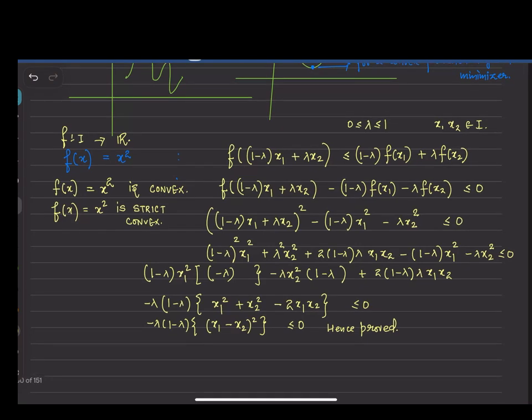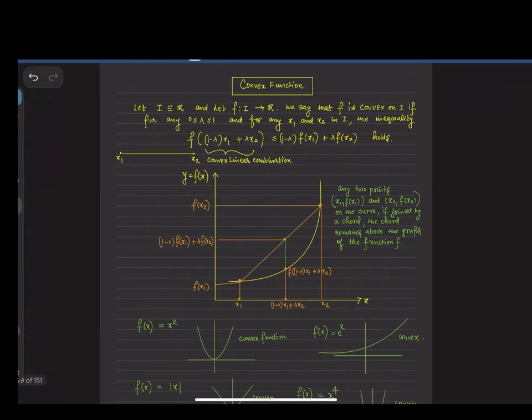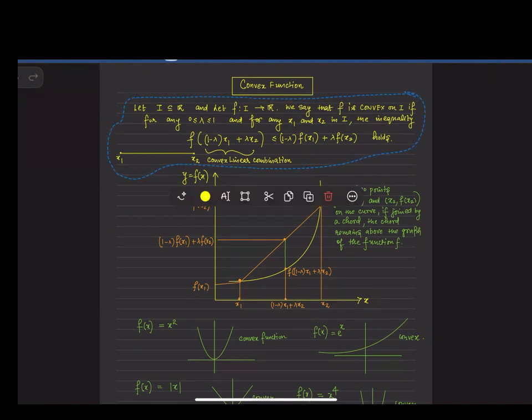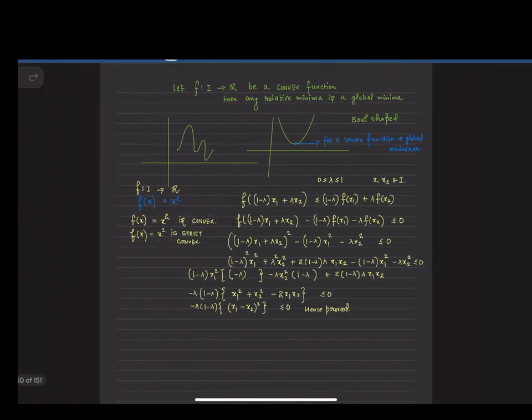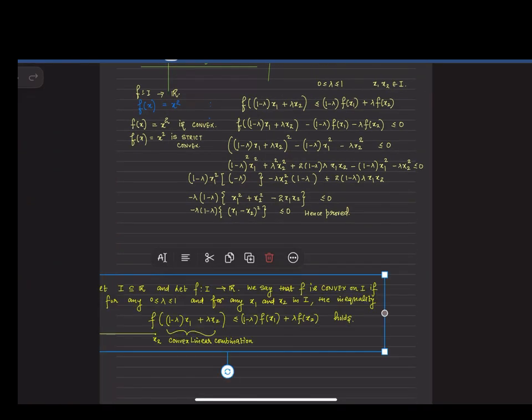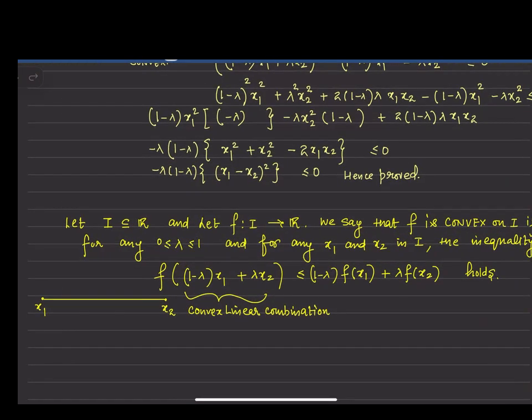So what is the definition of a strict convex? Just take this definition and add the condition. So here what do you do?